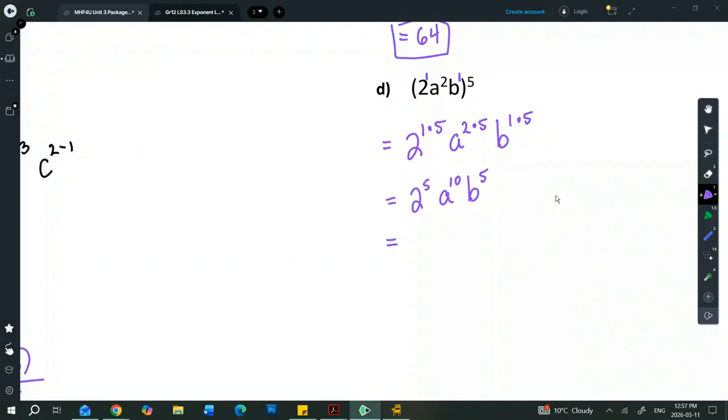And to fully simplify this expression, like before we sub in, we usually will evaluate any coefficients with their exponents. So what is 2 to the 5?